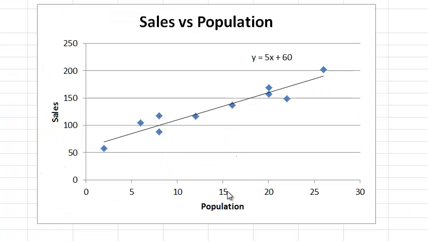So we could see that population of 16 might be about right here, and that would mean somewhere over here on the line, which should correspond to about the 140,000 that we have.